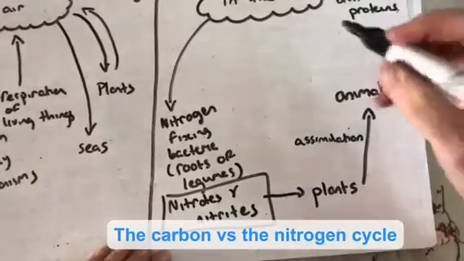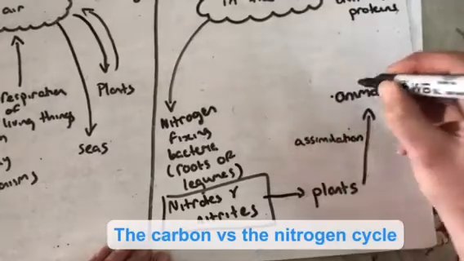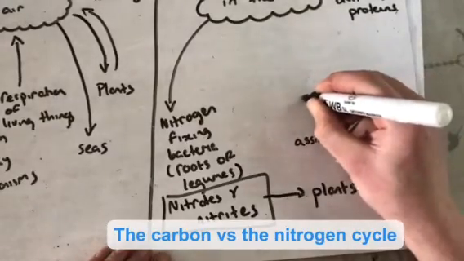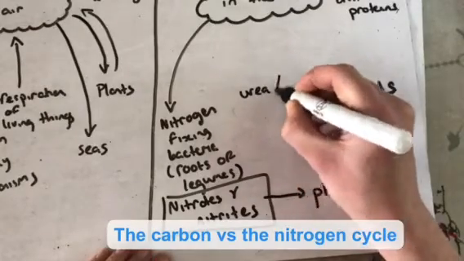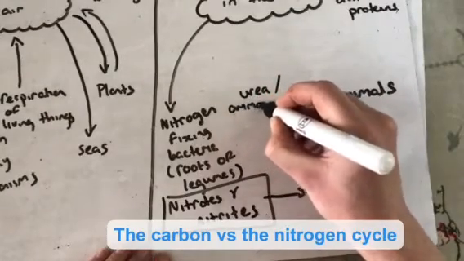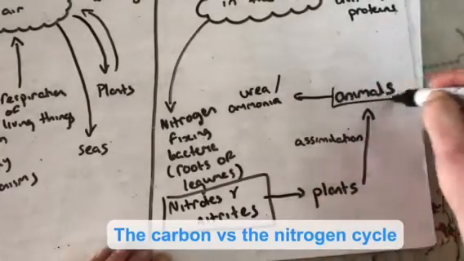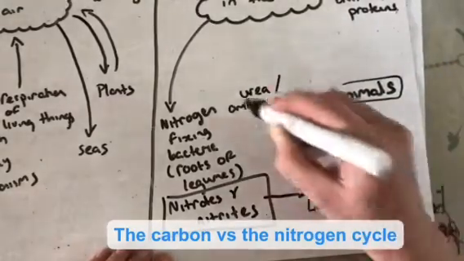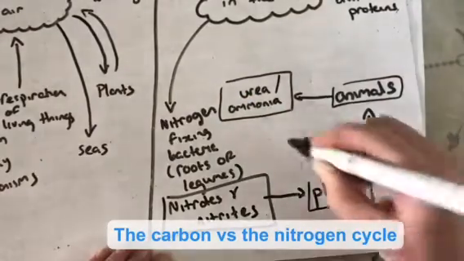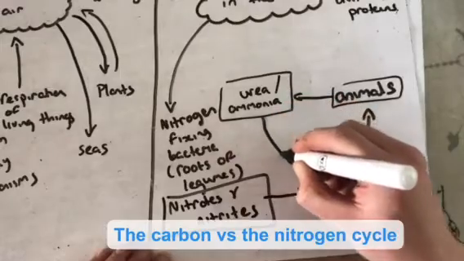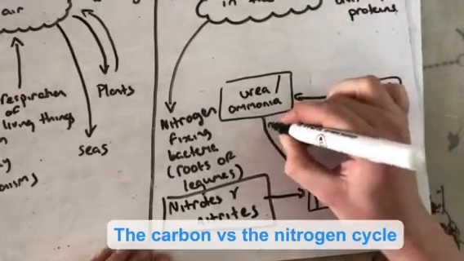We've also got animals doing their urination, and they release urea and ammonia into the soil. So we've got animals, we've got plants, we've got urea and ammonia. Now, urea and ammonia are not that useful to a plant unless we have a special type of bacteria present called nitrifying bacteria.